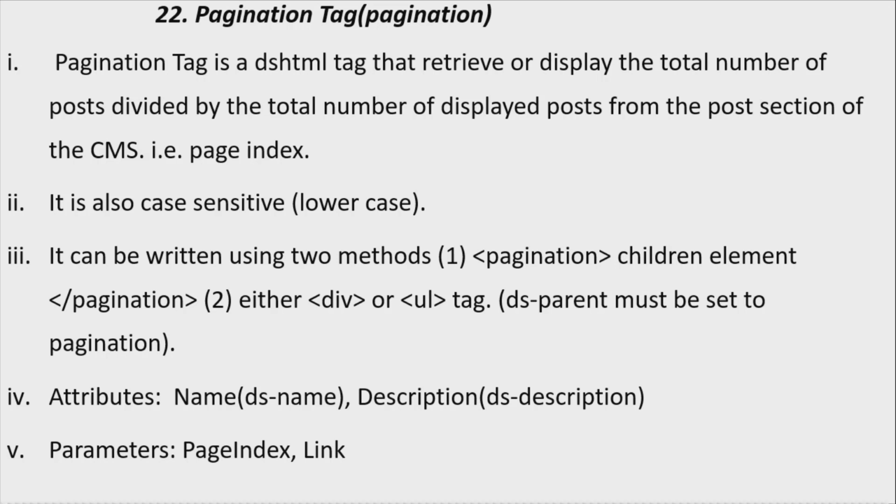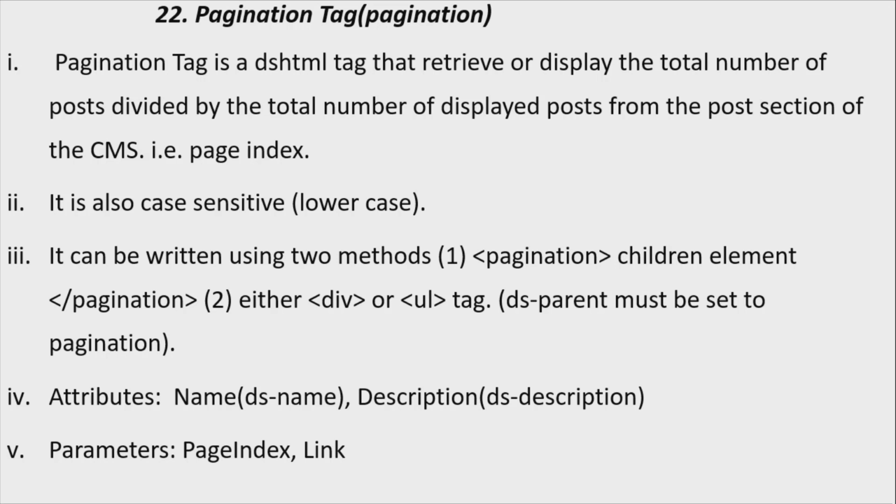Now let's see pagination. We call it the pagination tag. The pagination tag is a DSHTML tag that retrieves or displays the total number of posts divided by the total number of displayed posts from the post section of the CMS. That is what we call the page index. What I mean by page index is that it will show the total pages you have in the CMS.